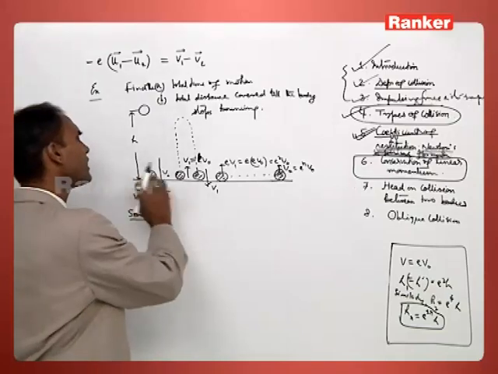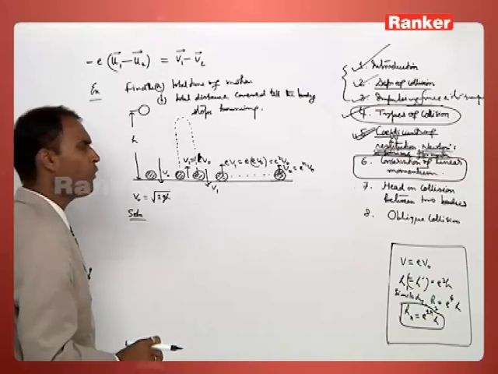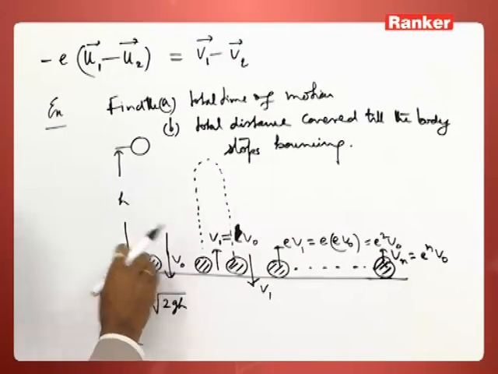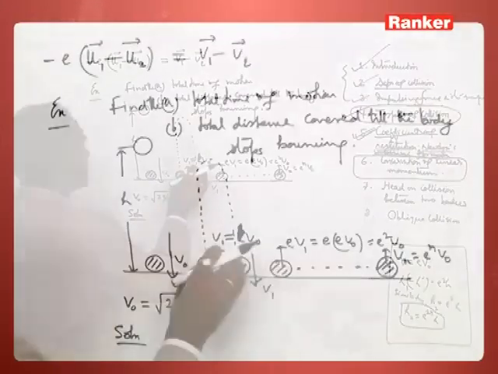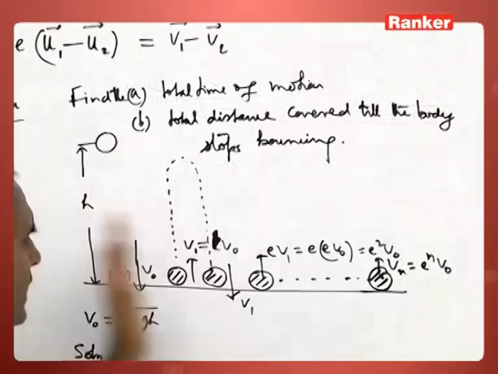I have taken all the collisions separately at different points. In fact, all the collisions will take place at the same place, but for the sake of simplicity, I have exaggerated this figure.